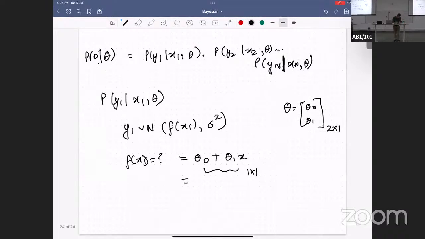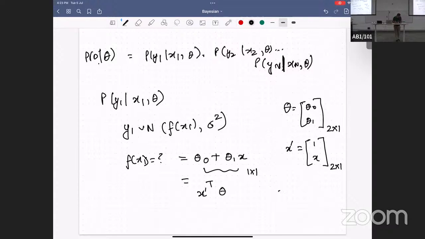And x dash, which is the new x, is also 2 cross 1. Now you have two 2 cross 1 vectors. You need to get a scalar from them, which is 1 cross 1. What do you do? Transpose what? So can you just write this as x dash transpose theta, right?